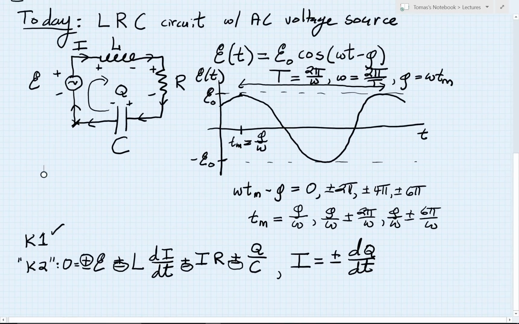In this case, the sign conventions for my current and my charge are such that a positive current would be pushing positive charges onto the positive plate of my capacitor, increasing the charge Q. So when the current I is positive, dq dt would be positive, and for those signs to work out appropriately, I would have to choose the plus sign there.